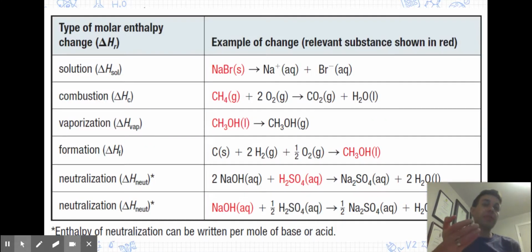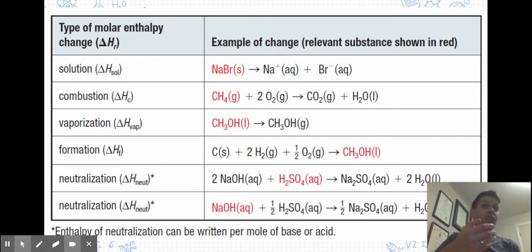Here is a brief table of some examples of molar enthalpies taken from our textbook. So for example, the molar enthalpy of solution refers to the change when we are dissolving a solute into water. So the reference substance in the molar enthalpy of solution is 1 mole of the solute.